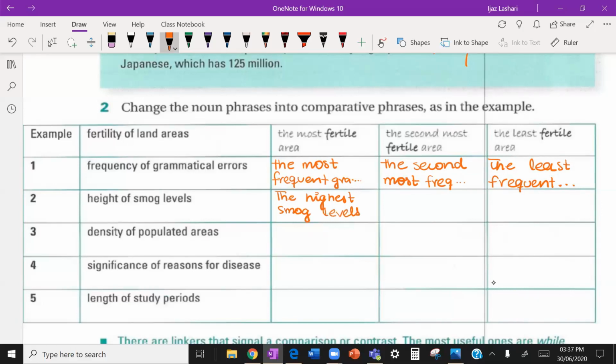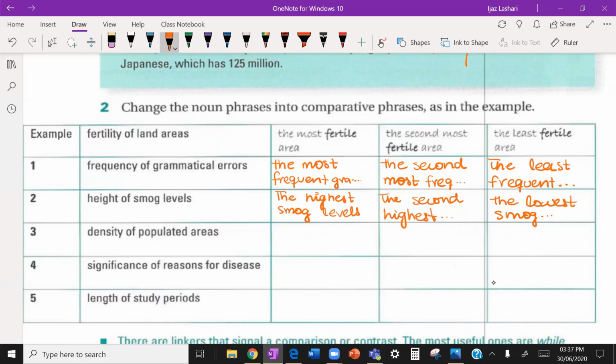That's right, Arij. The highest, the second highest, the lowest.